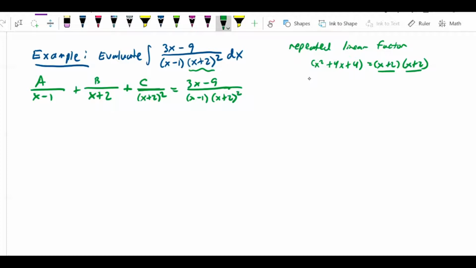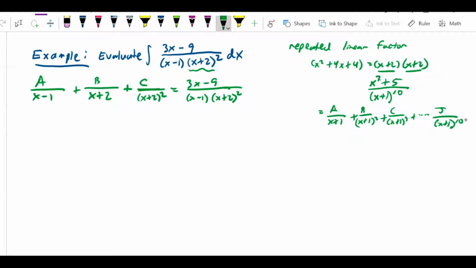So for example, if I had given, let's say, (x to the 7th plus 5) over (x plus 1) to the 10th, the correct decomposition of this would be A over x plus 1 plus B over (x plus 1) squared plus C over (x plus 1) cubed plus dot dot dot all the way up to, let's see, J over (x plus 1) to the 10th.